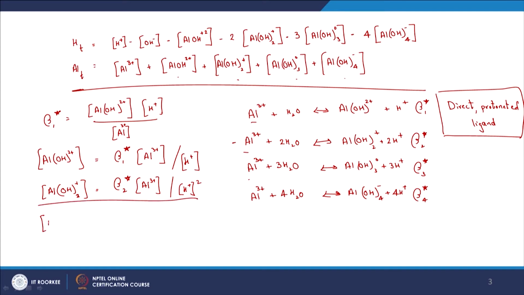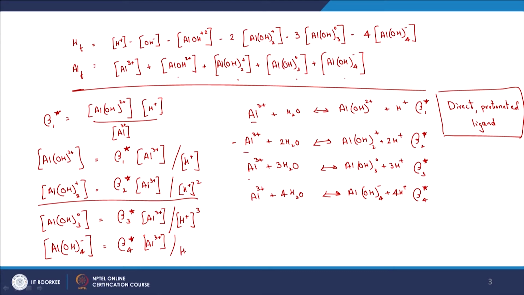And next up would be Al(OH)3 with 0 charge, which would be equal to beta 3 star into Al3+ divided by H+ cubed, right. And similarly, Al(OH)4 with 1 negative charge is going to be equal to beta 4 star into the Al3+ concentration by the H+ concentration to the power of 4, right.